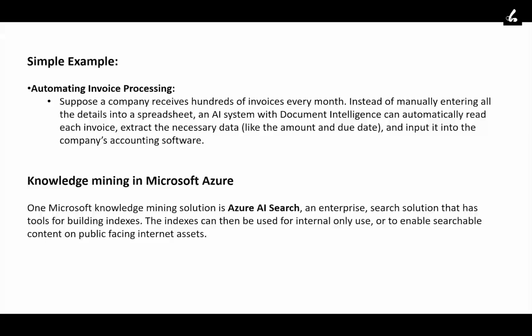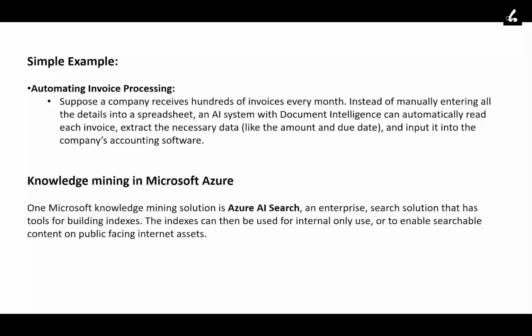Now, just going with a simple example: automating invoice processing. Suppose a company receives 100 invoices every month, and instead of manually entering all the details into a spreadsheet, in the invoices we can have different amounts, different dates, and different products delivered by that company.